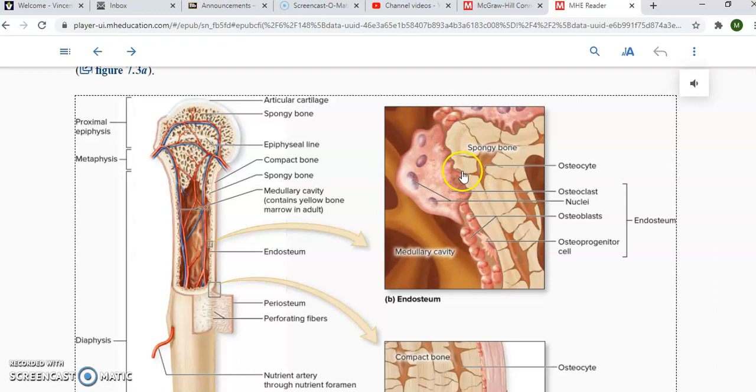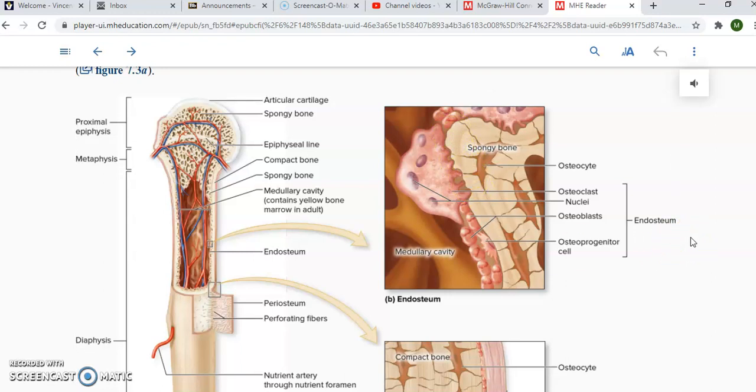So they'll actually secrete little enzymes that'll break down the collagen, and then minerals will be released back into the bloodstream. So we need those little osteoclast cells to break down bone for various reasons that we'll get into in more detail later, but we definitely need to have them as well for healthy bone tissue.